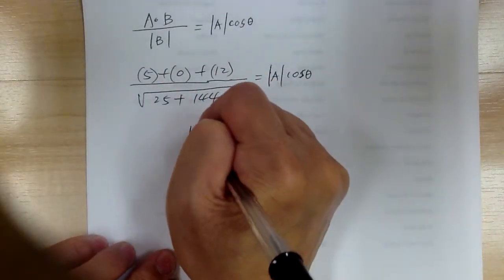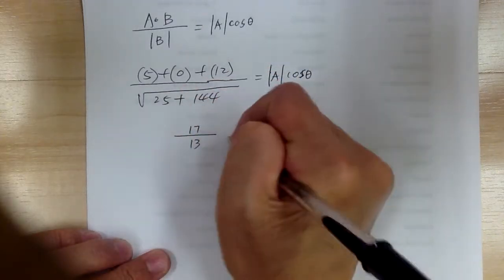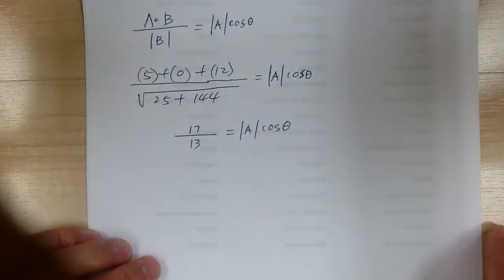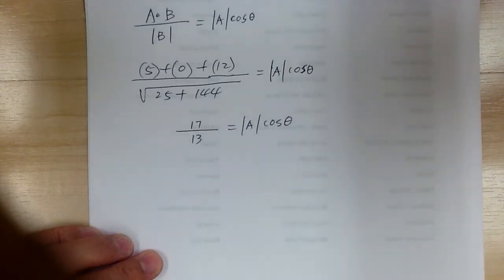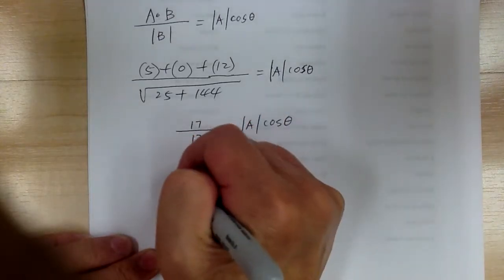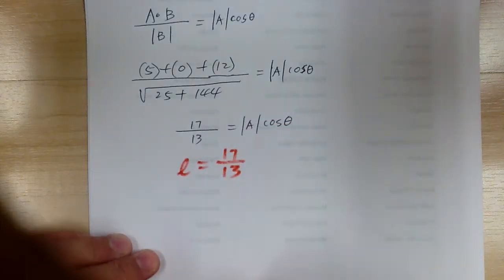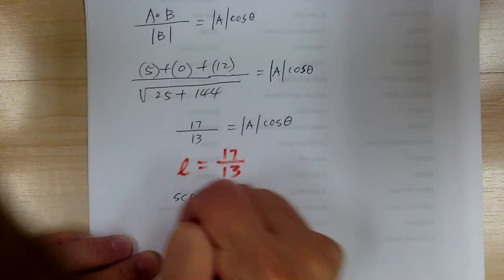You work it out, you're going to get 17 over 13. So that is your scalar projection. That's the length. So length is equal to 17 over 13.